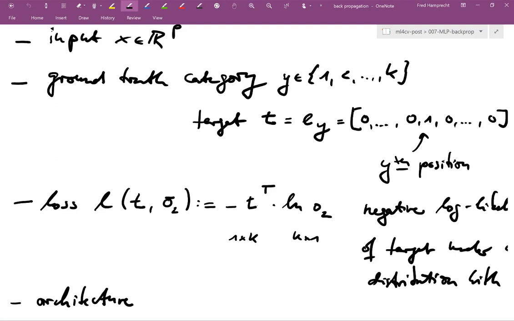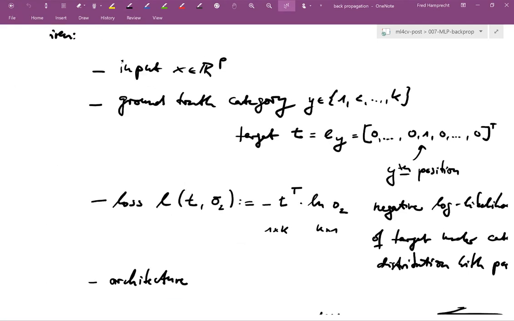And the discrepancy is measured here with this inner product between my target T and the natural logarithm taken element-wise of my network output O2. Okay, so overall, I get for each input a scalar loss, which I want to make as small as possible.